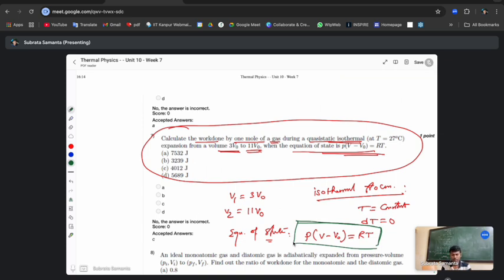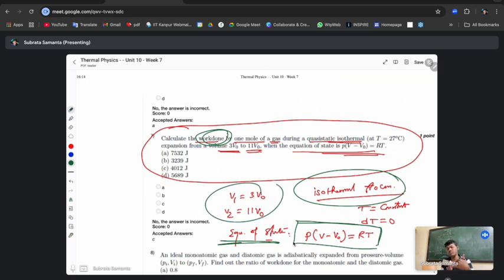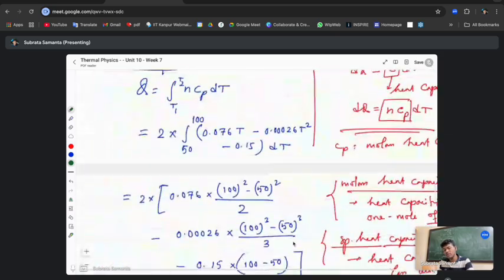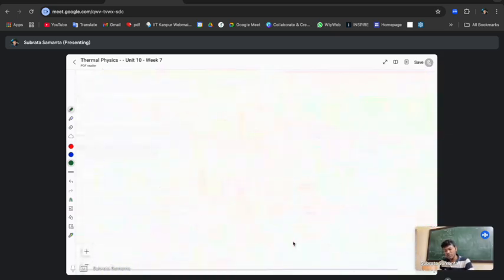The process is isothermal, which is also stated in the problem, and you have to calculate the work done for the volume change from V1 to V2 at constant temperature.